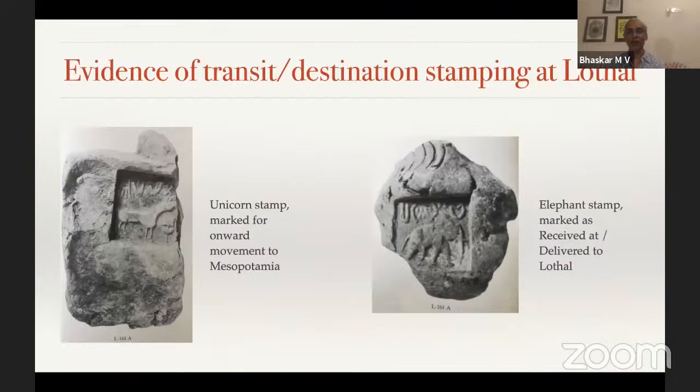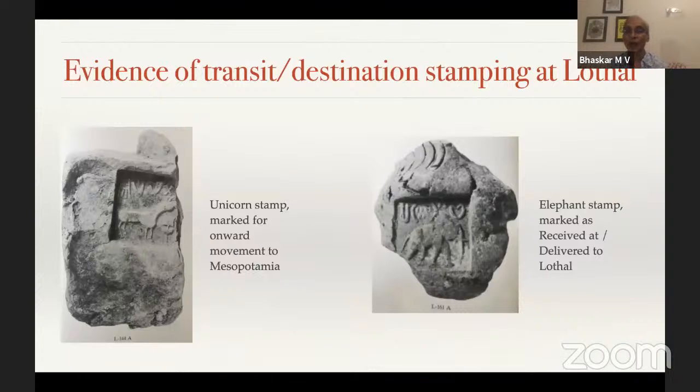Archaeologists have found a rare hoard in Lothal of about 70 clay stampings, like the two that you see on screen. And these are one of only two instances where we actually find clay stamped sealings in any part of the Indus region. Therefore, this is very rare evidence.